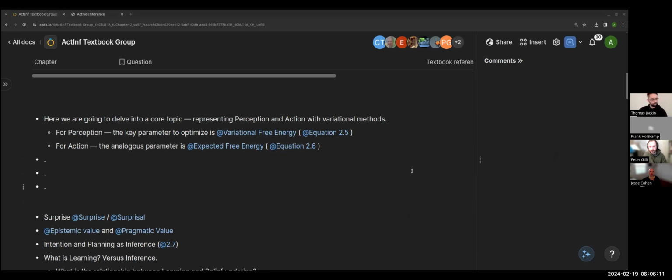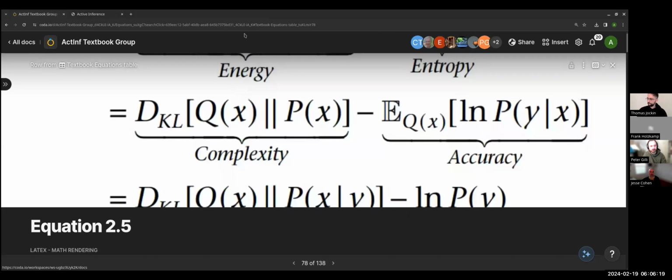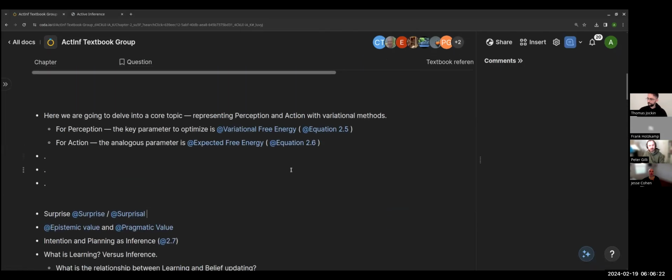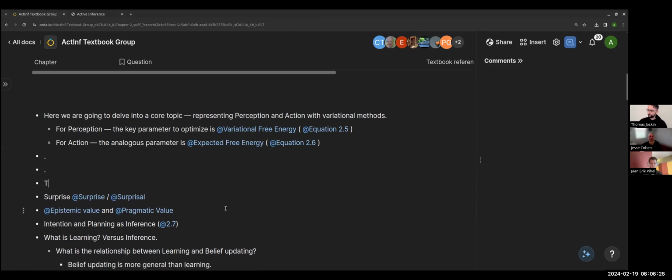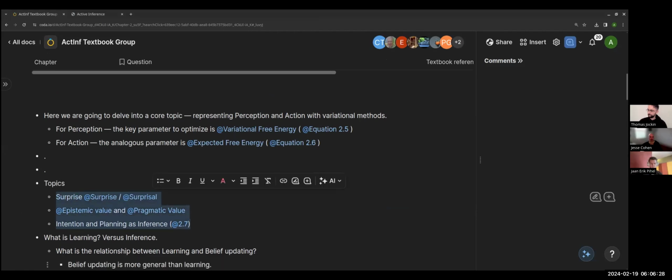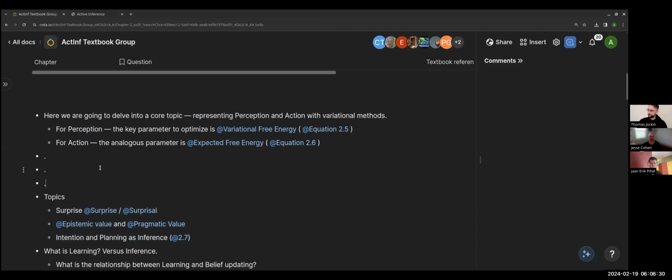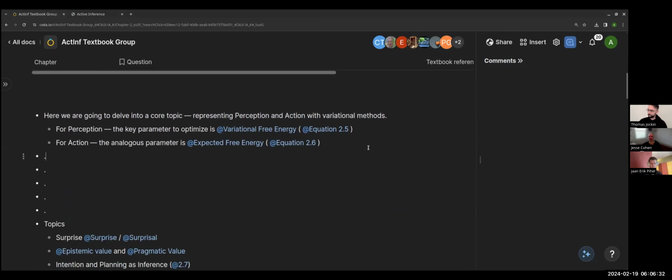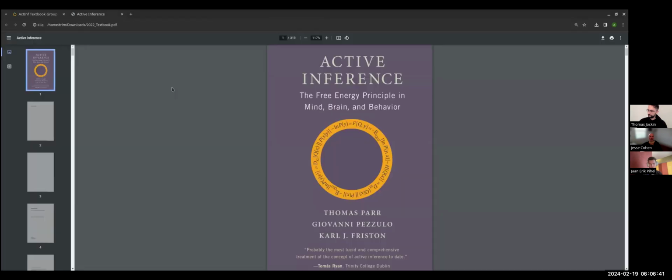And similarly, in equation 2.6, we see the same mechanism as applied to minimization of the expected free energy in the case of action. But before going into the details of what those equations show and how they work in the context of active inference, it might be helpful to just go through the whole chapter.